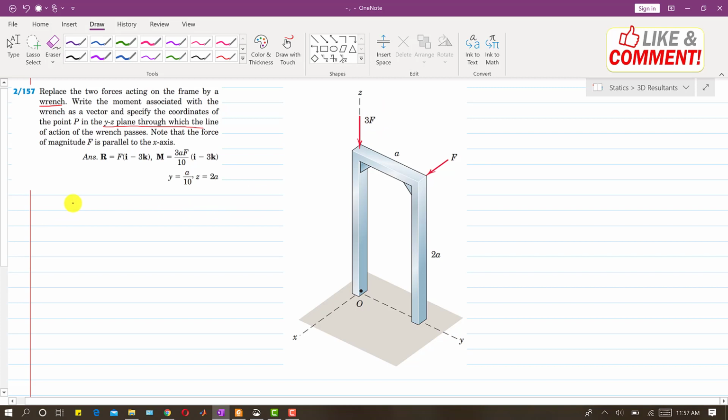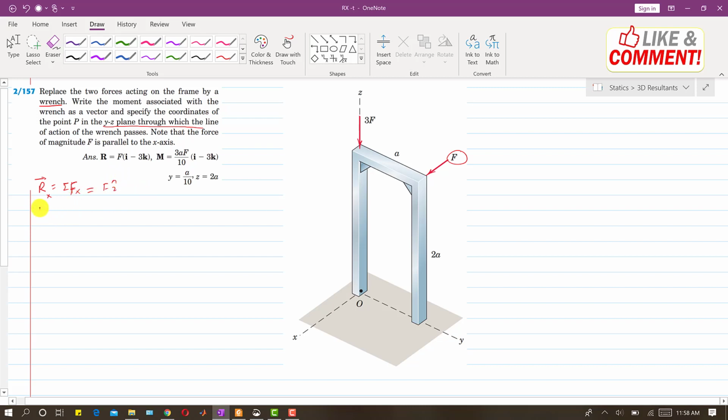So now first we will find the resultant. To find the resultant R, it will be equal to the summation of all forces. If you want to find the Rx component of the resultant, as we can see only this force is acting along x and it is in the positive x direction, so we will write Fi.